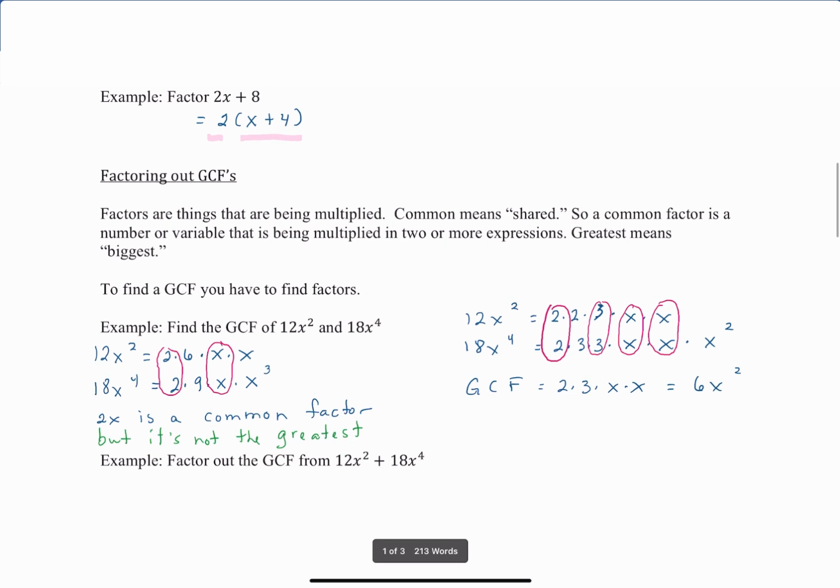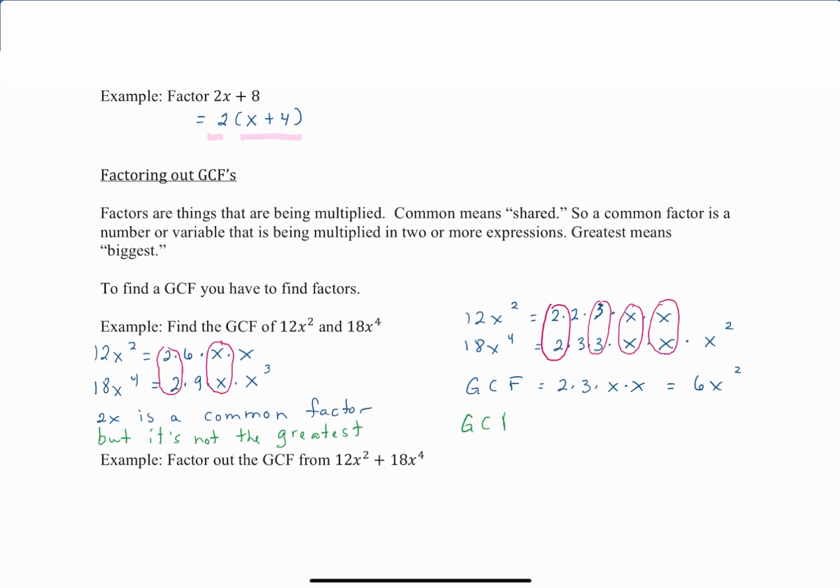However, it's also okay to, if you can, look at your two terms, or at your two expressions, whatever you want to call them, and say, well, 6 goes into 12 and 18, so I can see 6 as a common factor, and x squared is a factor of both x squared and x to the fourth, so I can see x squared is a common factor. And it looks to me like that's all the common factors there are, so that's the GCF. It's okay to do it that way also.